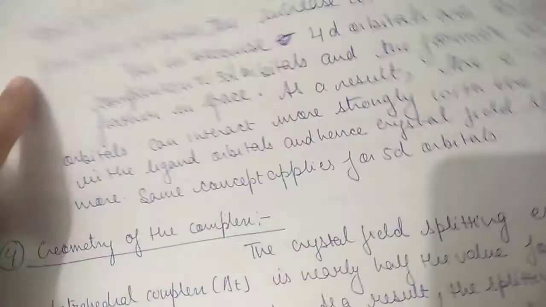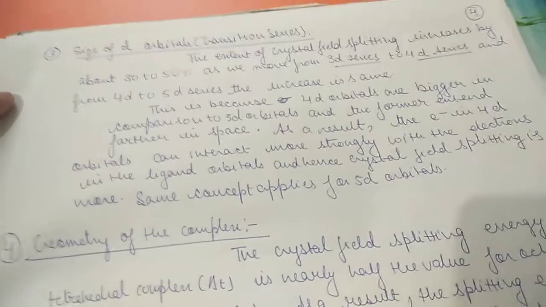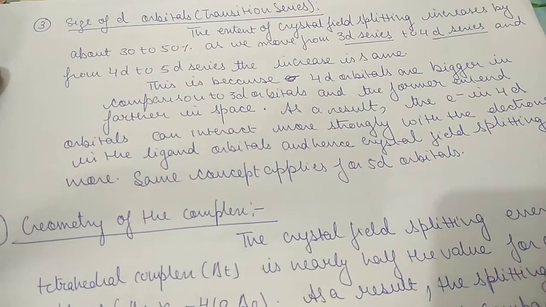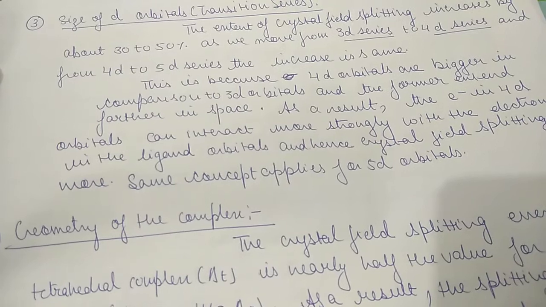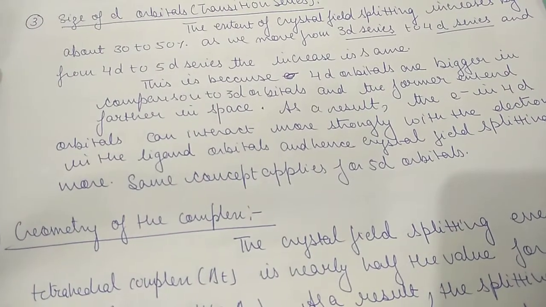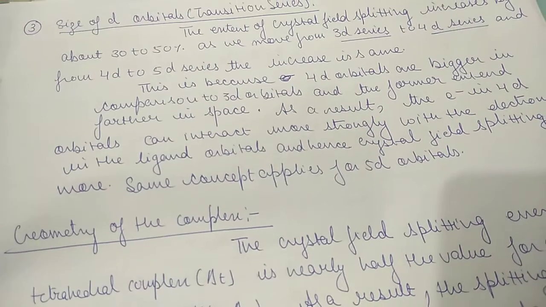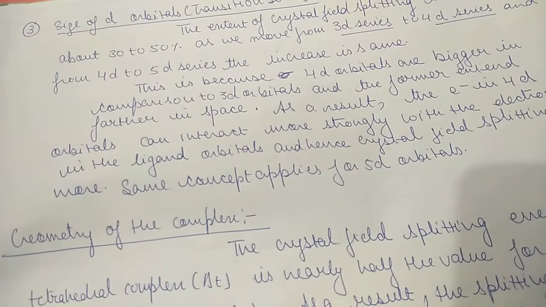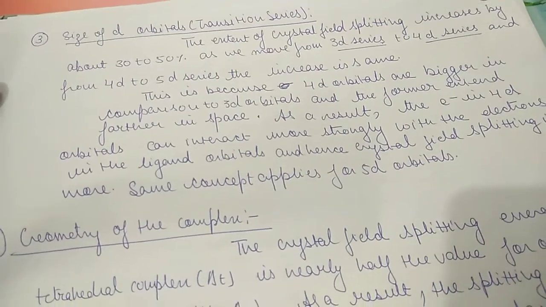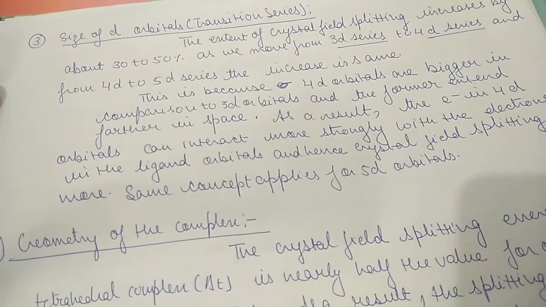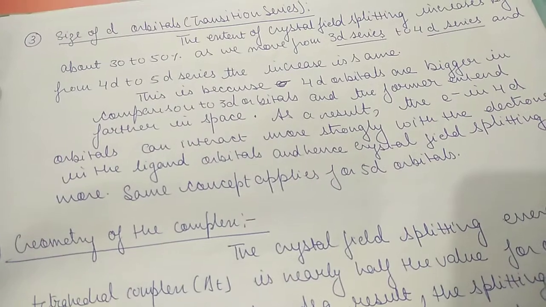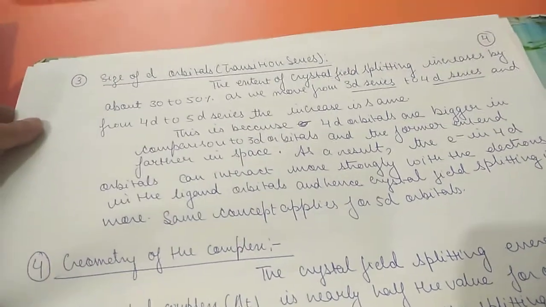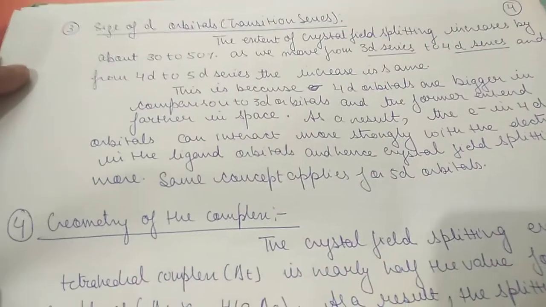The extent of crystal field splitting increases by 30 to 50% as we move from the 3d series, the first transition series, to the 4d series, the second transition series, and from the 4d series to the 5d series, the third transition series, the increase is the same. The splitting caused by the first transition series is less than that caused by the second, and in the third transition series metals the splitting is maximum.